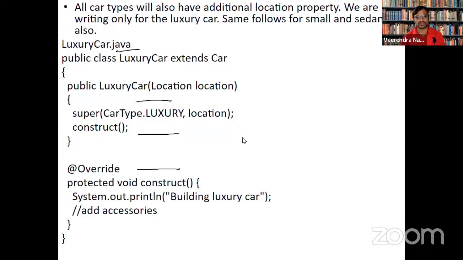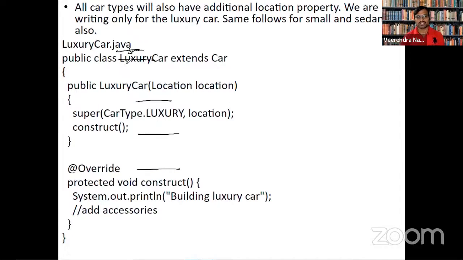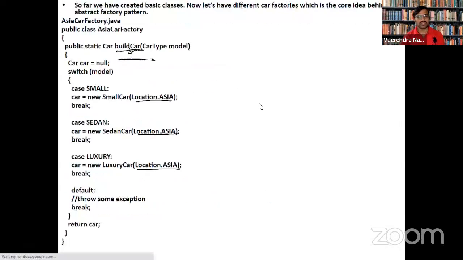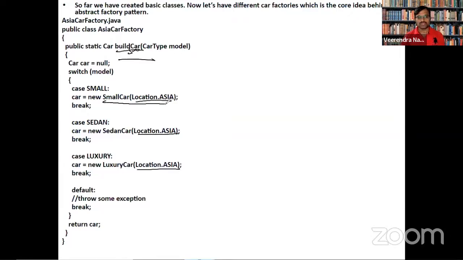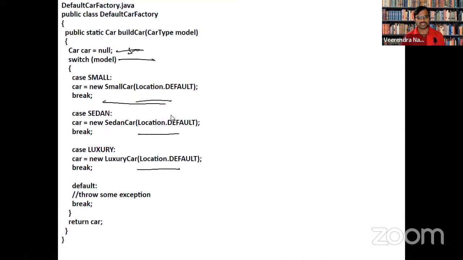For example, here it is luxury car, the next car will be small car, and the next will be sedan car. All of them will be the same, so it is like reusability as a product. Now what we are doing here is making a call to the new small car and saying location dot Asia, and here also location dot Asia.